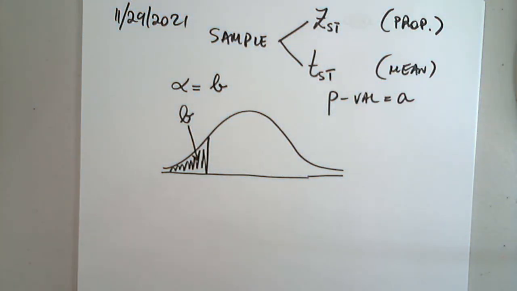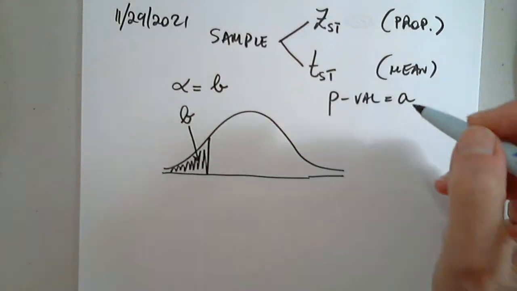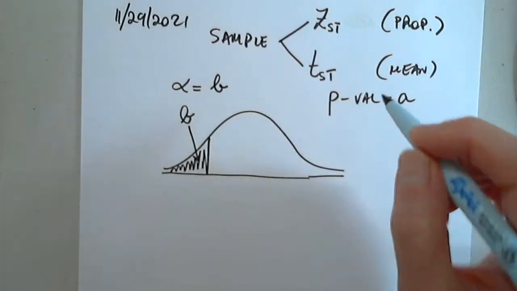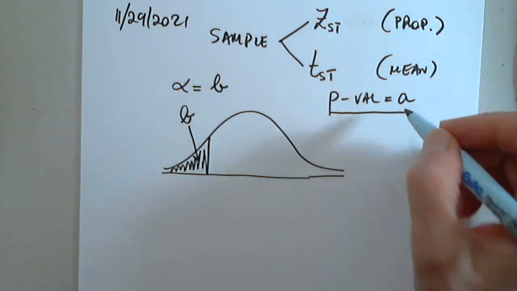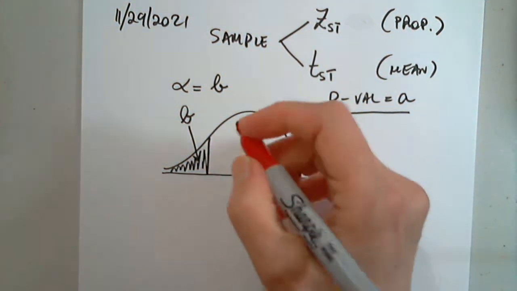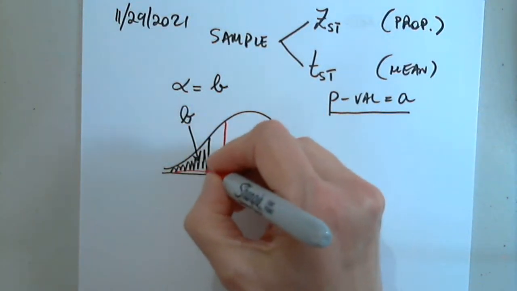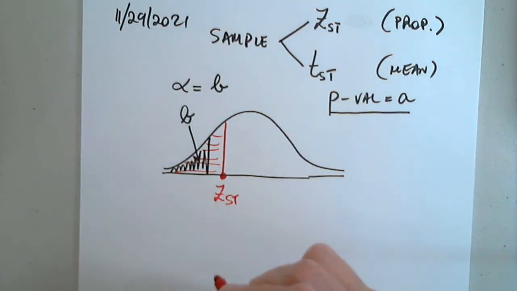Okay, and I'll illustrate with graphs all the time on all the problems we do today. And the p-value has to be the tails, right? Yes, it could be one tail or two tails. But yes, the p-value could be a number greater than B, because right here I have the z statistic.